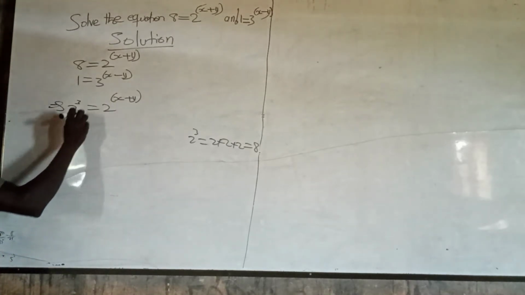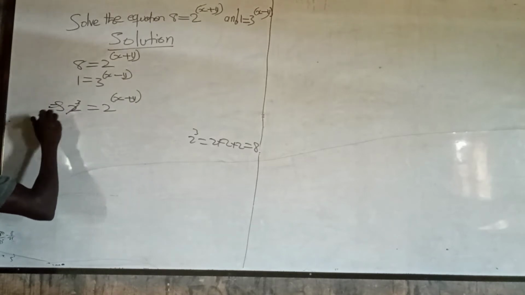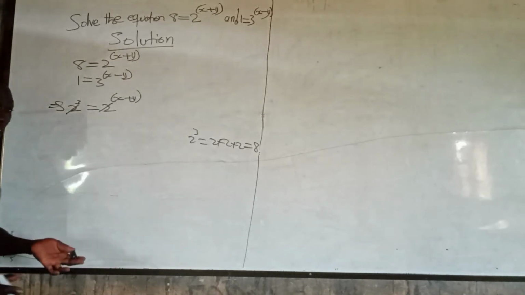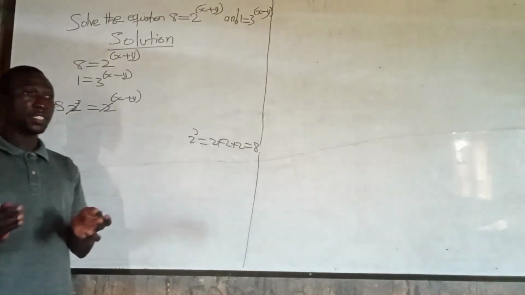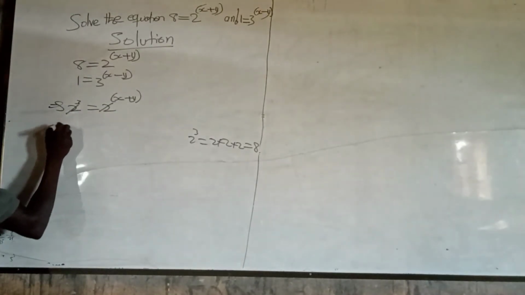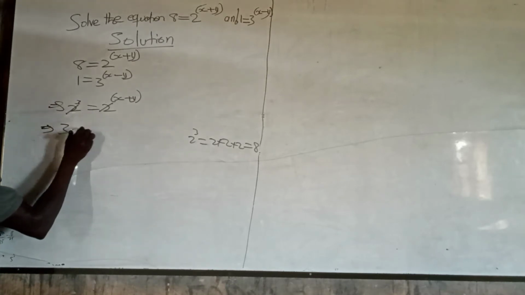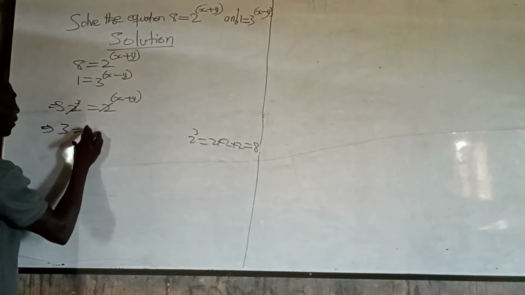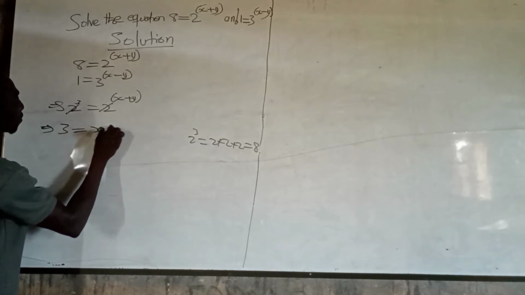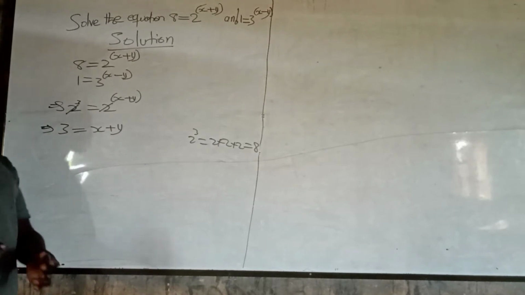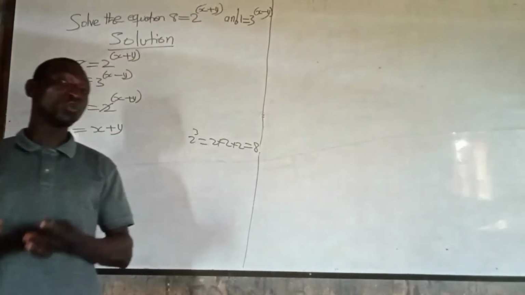So we have this base cancelling this base, leaving only the exponents. And that will be 3 equals x plus y. That would be our equation 1.